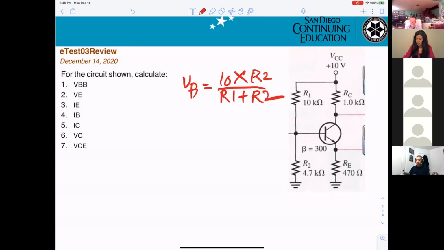Okay. Who gets the answer, let me know. I can put it in so the other people can copy it. 3.19 volt. Yes.